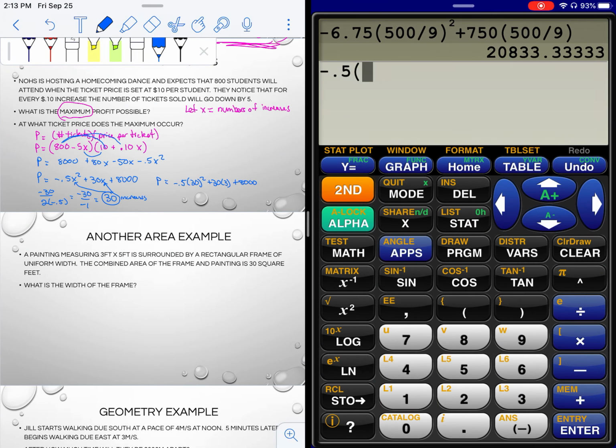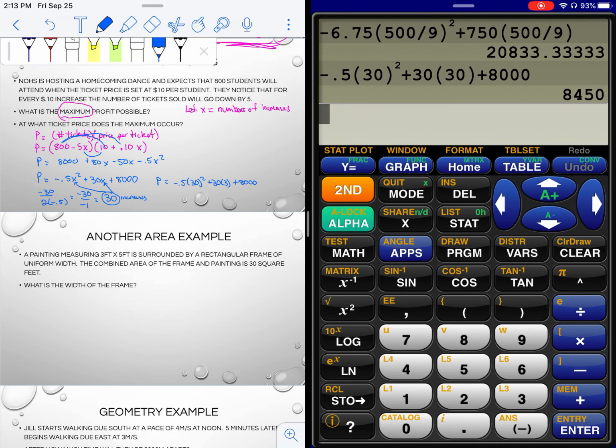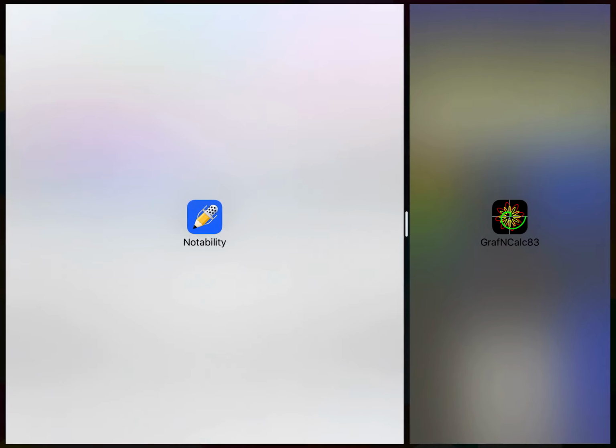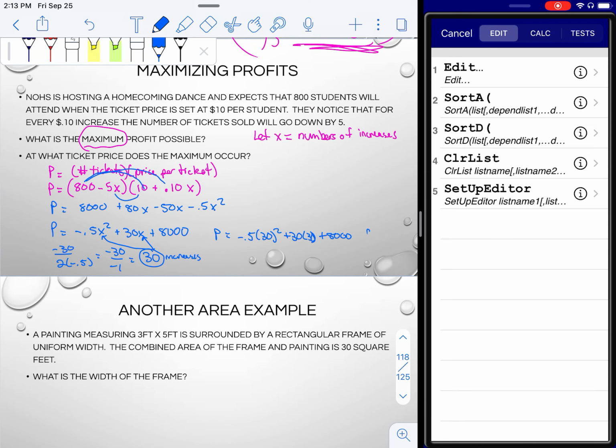Negative 0.5 times 30 squared plus 30 times 30, I got to redo that, and plus 8,000. So $8,450 is what we are predicted to make. That should be a 30 right there. So our profit is $8,450.